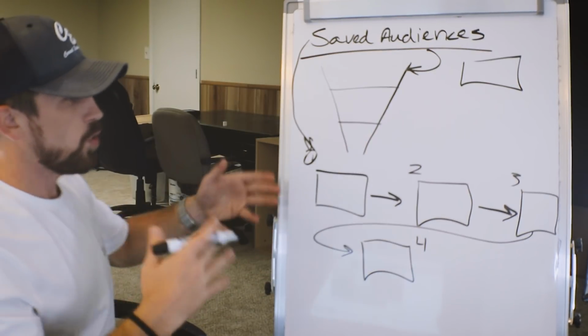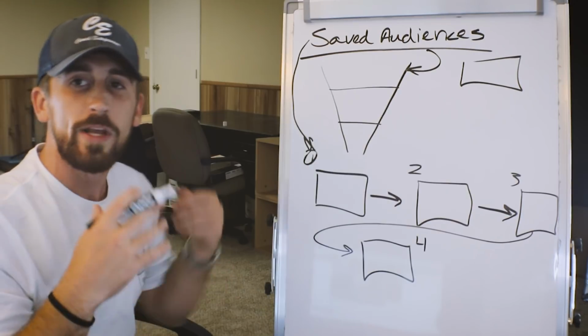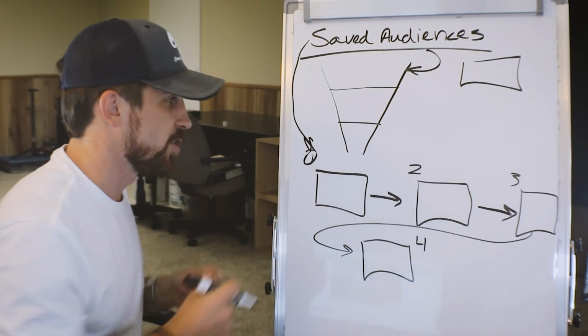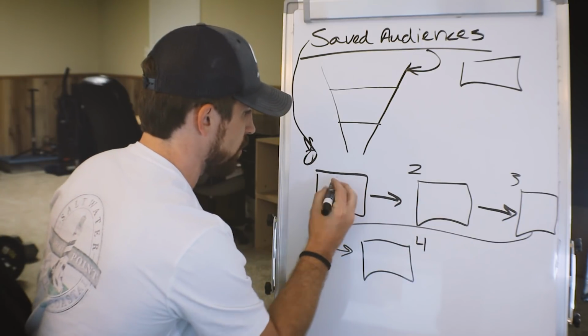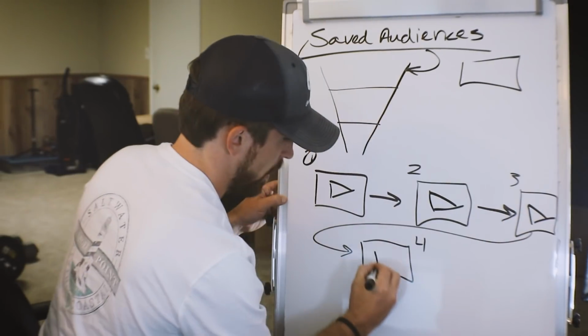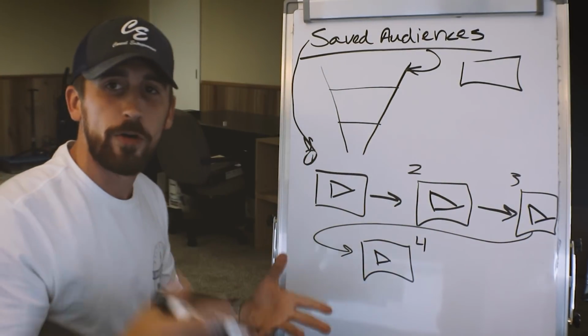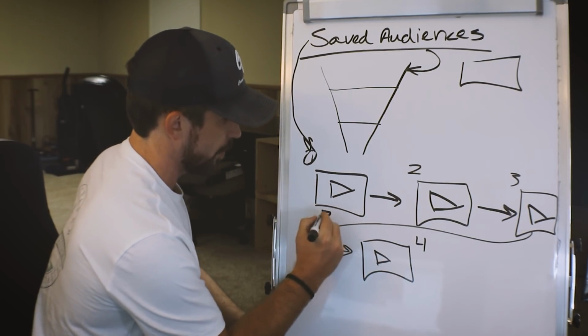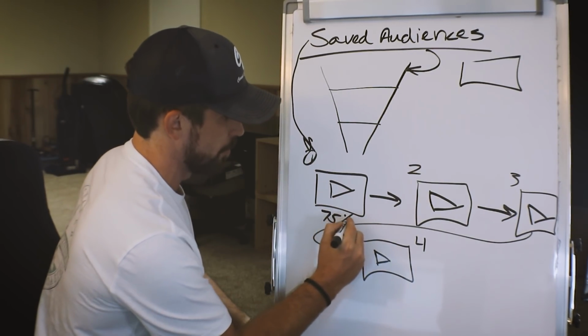The whole goal of working someone through a funnel is to weed out the people who aren't interested and to keep the people who are interested, right? So say we're doing retargeting based on, say all of these are videos, right? If all of these are videos and we're retargeting based on video views, let's say we're retargeting based on 75% or more.